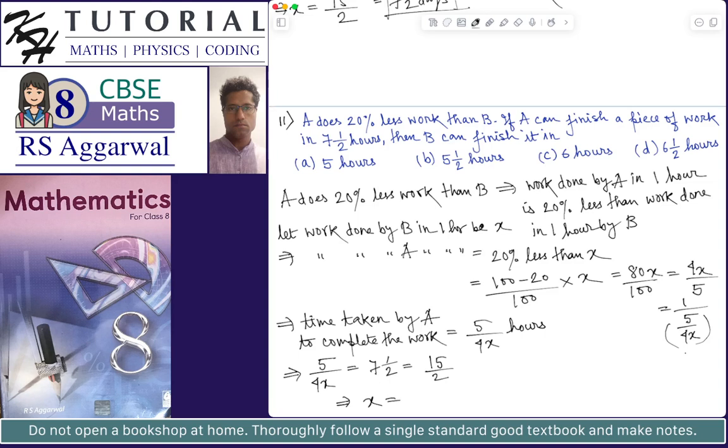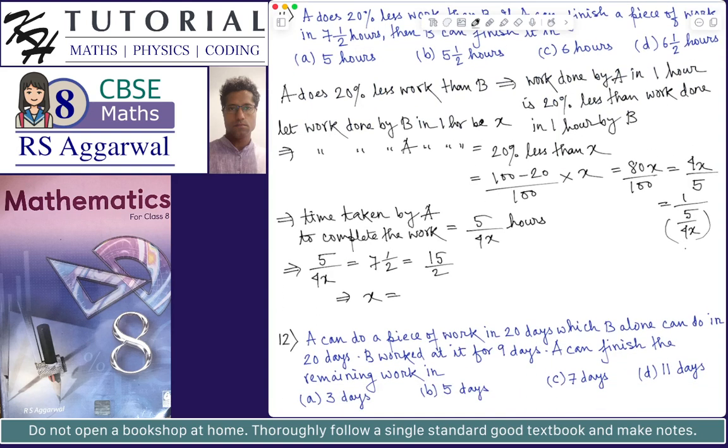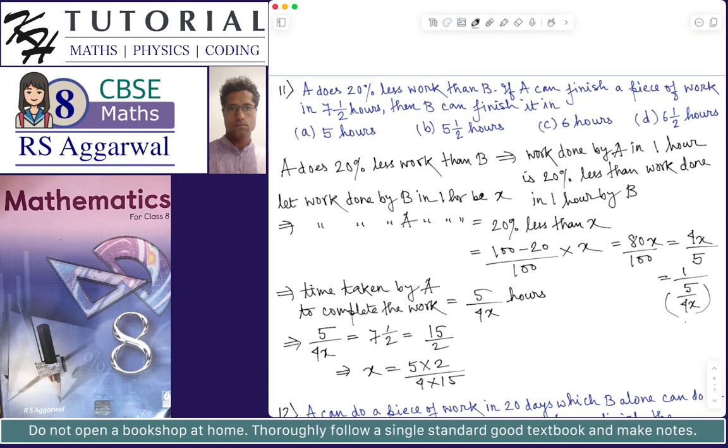X will be equal to 5 multiplied by 2, divided by 4 multiplied by 15. Then we have to find how long B can finish it in.